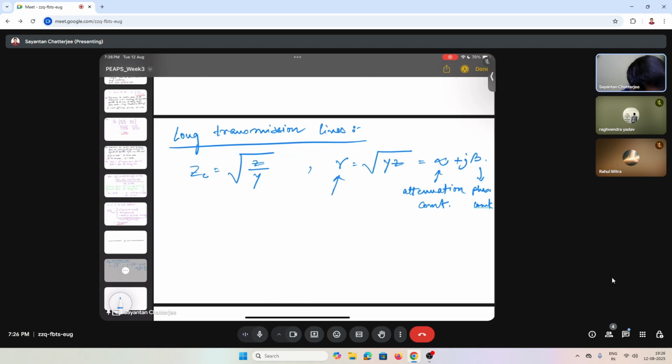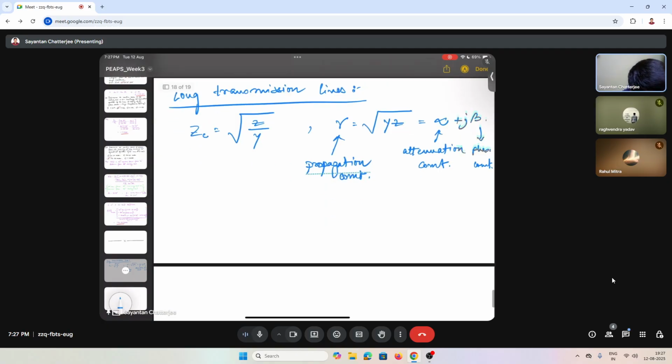It is also known as propagation constant. So propagation constant is equal to phase constant when the line is lossless. So it's a special case of propagation constant being the same as phase constant. So we may consider gamma as also phase constant. But okay, so this is one part.